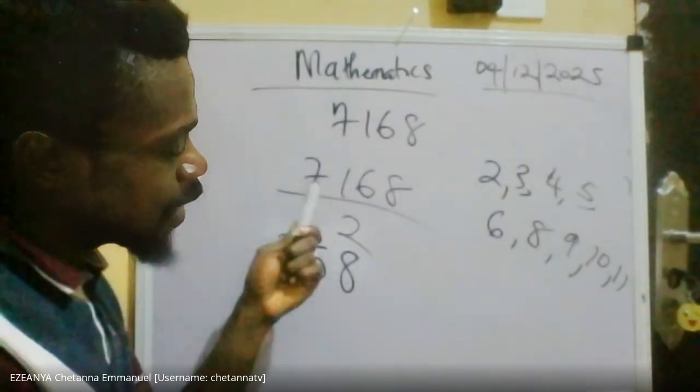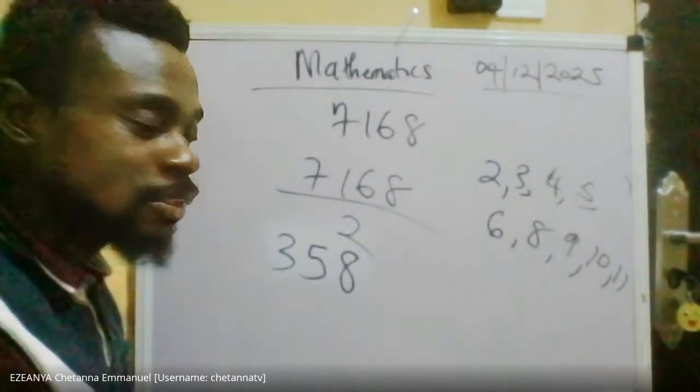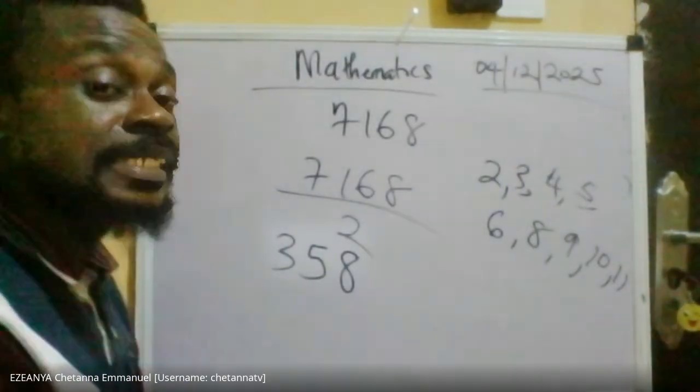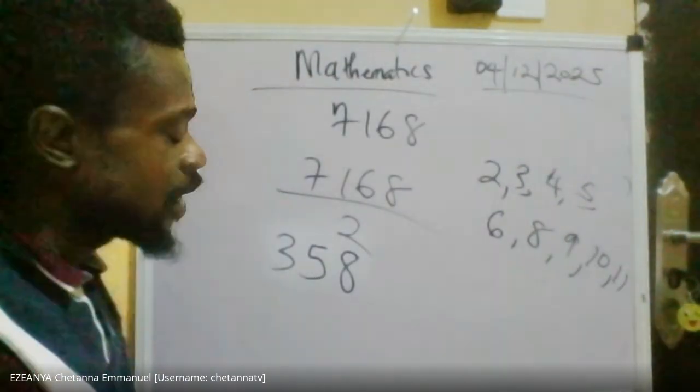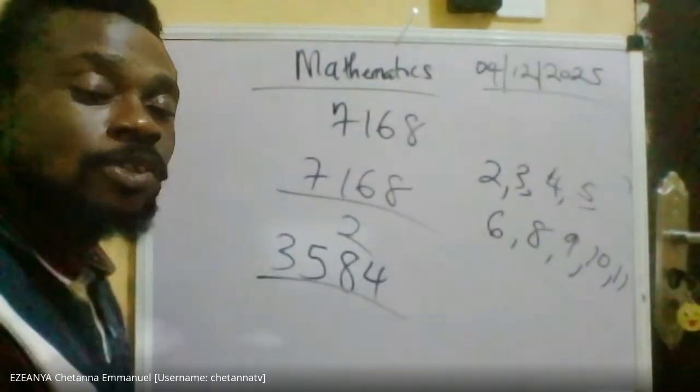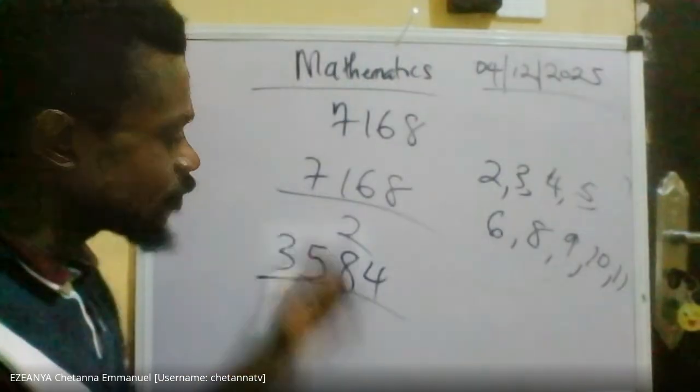You multiply the remainder, which is 0, by the base: 0 times 10 is 0. 0 plus 8 is 8. You keep dividing: 8 divided by 2 is 4. So this number is divisible by what? 2. This is just half of this.